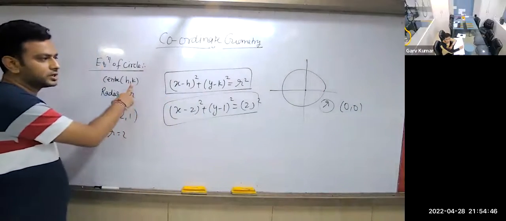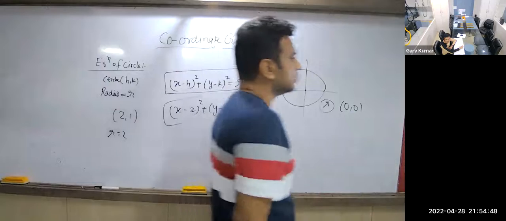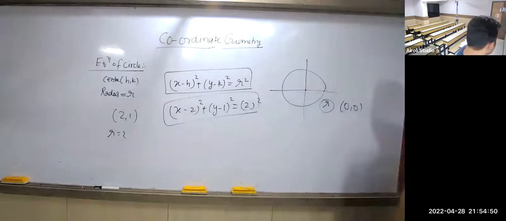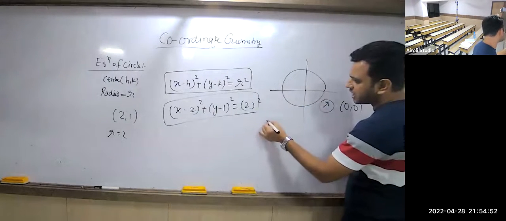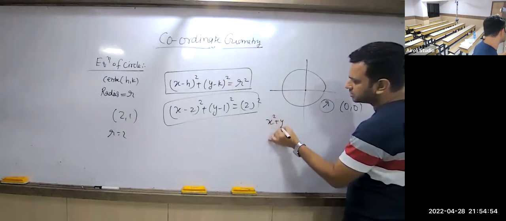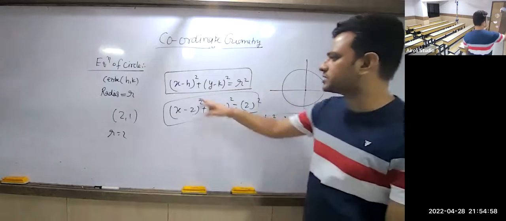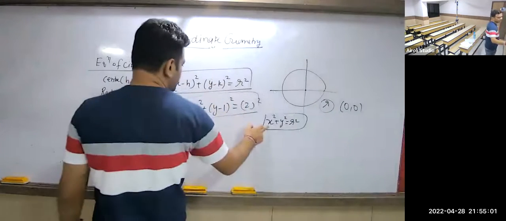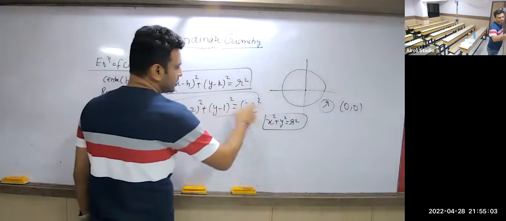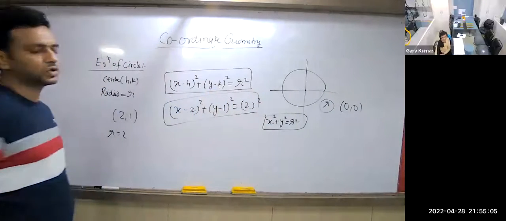So the equation of the circle whose center is at origin and radius is r will be x square plus y square equals to r square, because x minus 0 square is x square only, y minus 0 is y square. Got it?